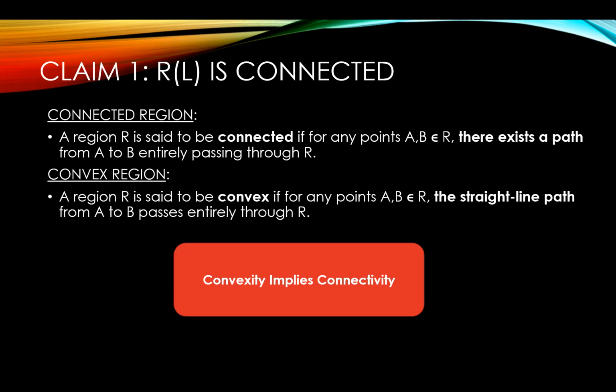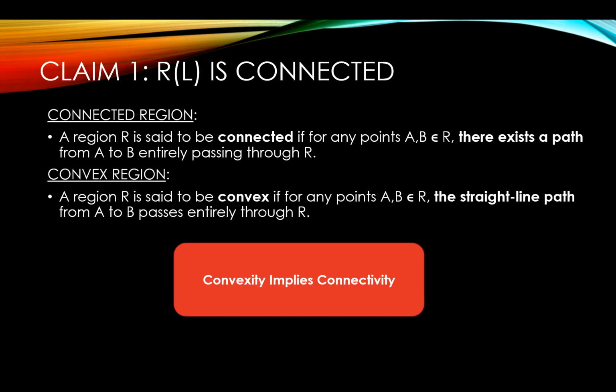Now we'll introduce a concept called a convex region, which we are going to use to prove that R of L is connected. A region R is said to be convex if for any points A, B belonging to R, the straight line path from A to B passes entirely through R. We will see that convexity implies connectivity. This is the main thing.